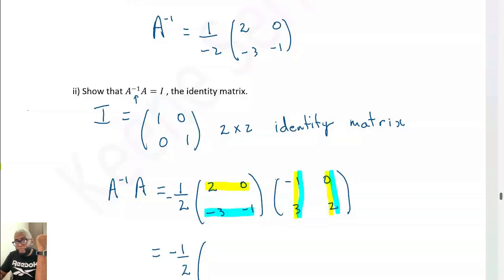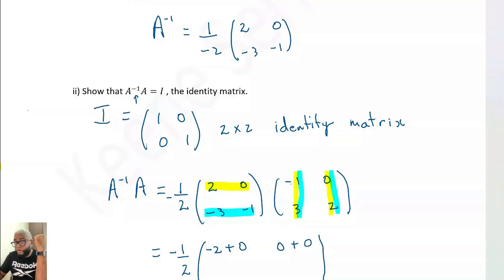Right, so we work it in. 2 multiplied by negative 1 will give me negative 2, plus 0 by 3. Everybody good there? Who doesn't understand how I got that? Megan, you good? We go now again. Row by column, yellow by yellow, right? 2 by 0 would give me 0, and then 0 by 2 would give me 0. You're adding each multiplication that you make, right? Watch it there.